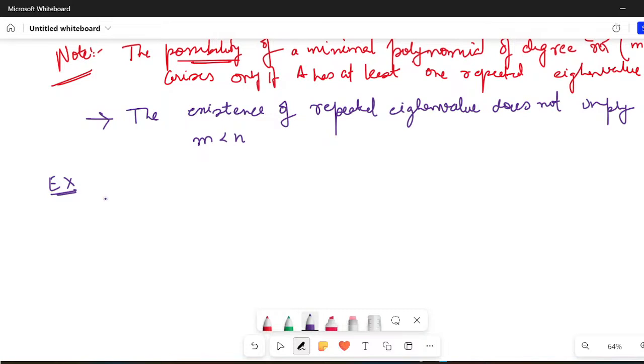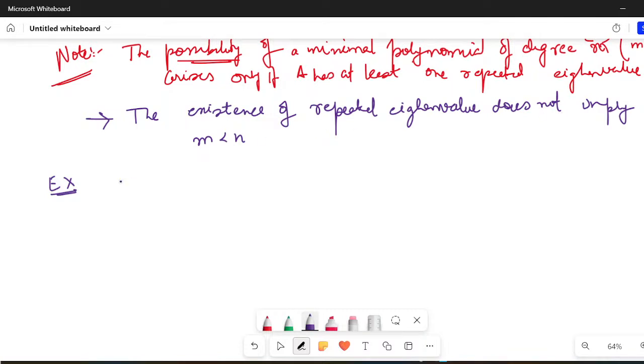I wanted to explain that the existence of a repeated eigenvalue does not imply that m is necessarily less than n. It may so happen that your minimal polynomial can even be equal to the characteristic polynomial, even when you have repeated eigenvalues.